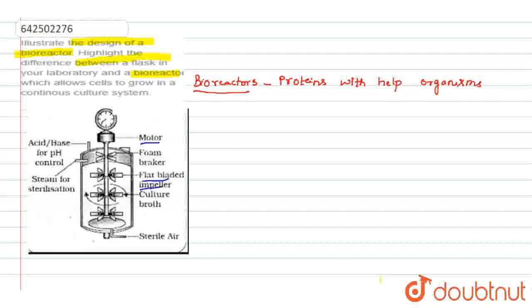In this reactor we are adding the culture broth. What is a culture broth then? Culture broth refers to the nutrient solution, which contains all the nutrients required for the growth of the microorganisms.